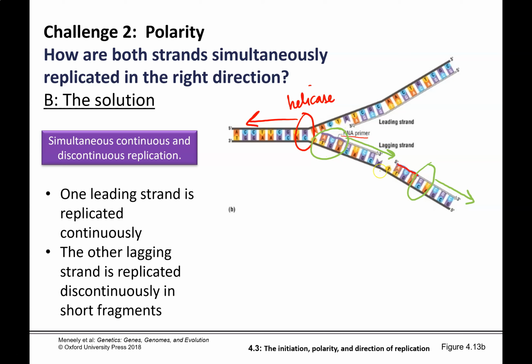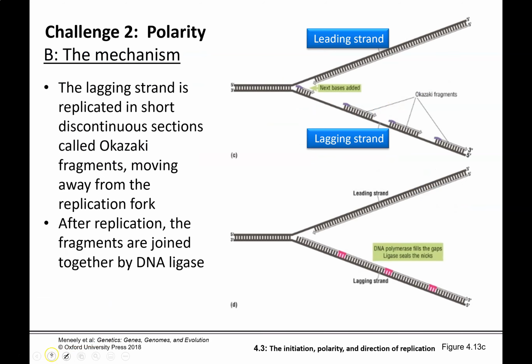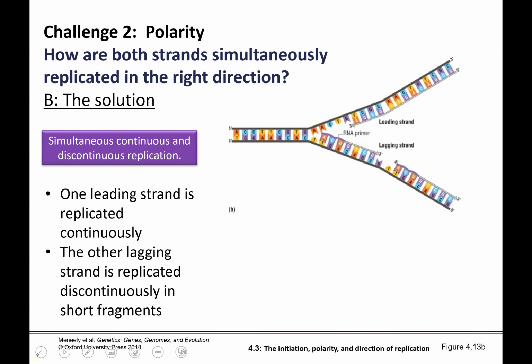Now, you might notice that we're starting to see fragments here. So eventually, as your strand opens up, we are going to, on the other strand, have this series of fragments called Okazaki fragments. And this strand with the fragments is called the lagging strand.